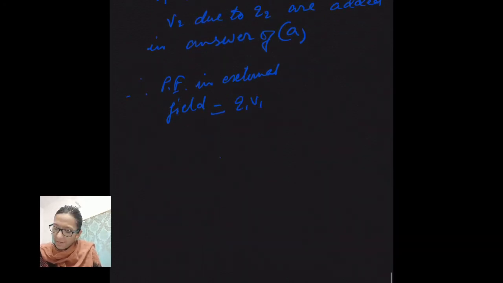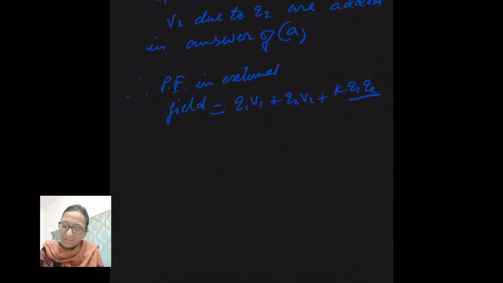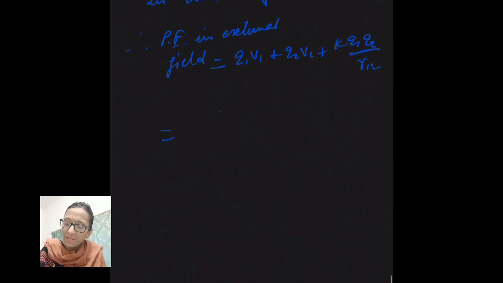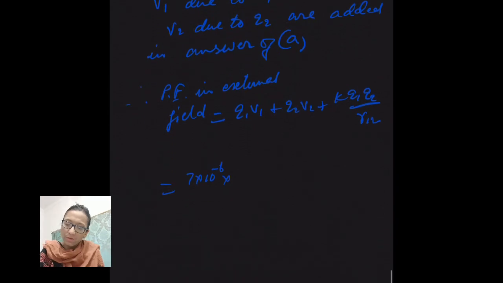Let me write first of all the formula itself. So this is Q1 V1 plus Q2 V2 plus K Q1 Q2 upon R12.